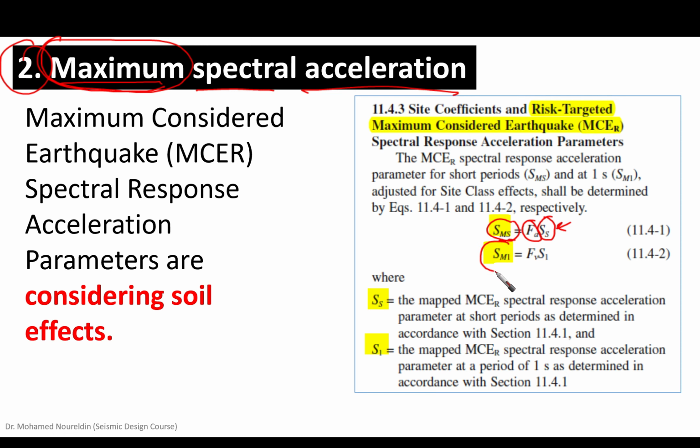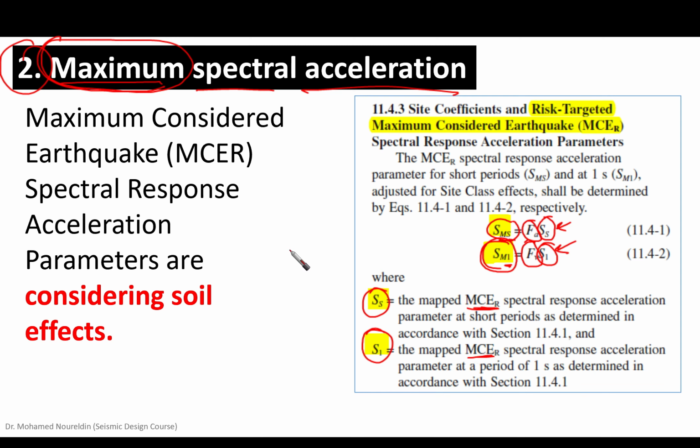Similarly, S maximum at 1 second period is going to equal FV times S1, already obtained from the map. These S sub S and S sub 1 are MCR, risk targeted, from the maps, as we have explained before.